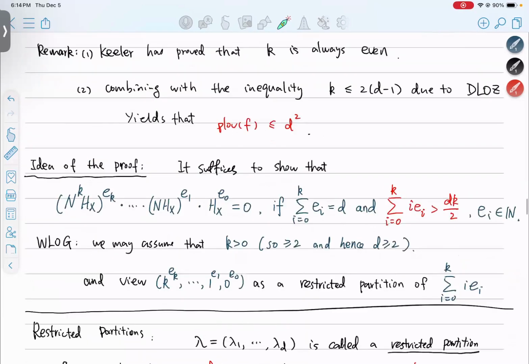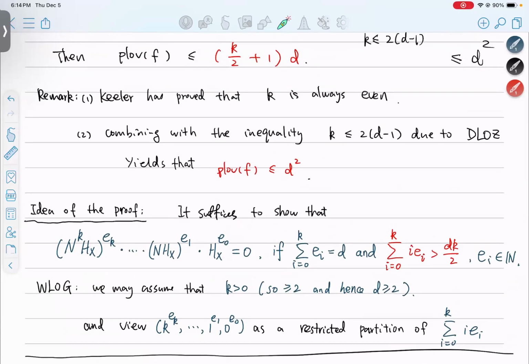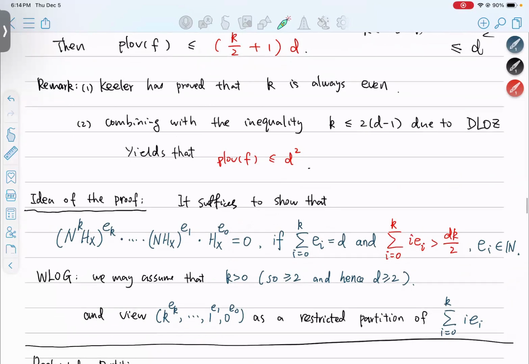So now let's look at the proof. By the key lemma I mentioned before, to prove this inequality, we just need to show the following vanishing result. We just need to show that this intersection number is 0, as long as the sum of i times e_i is larger than half dk.